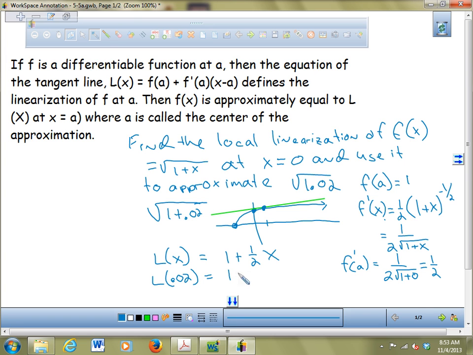So this would just be 1 plus 1/2 times 0.02, which is just 1.01, I think. Okay?